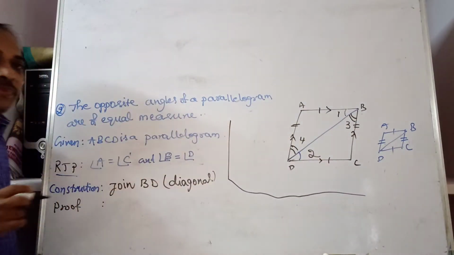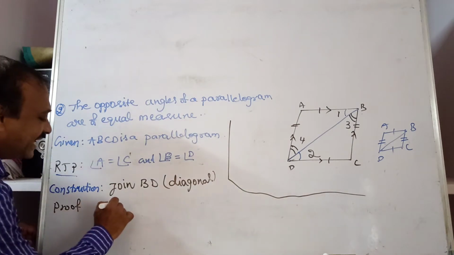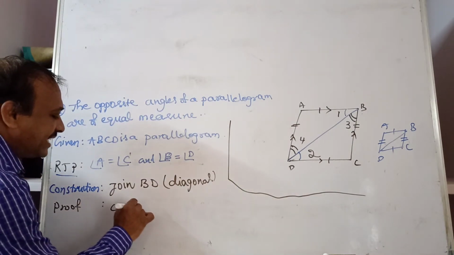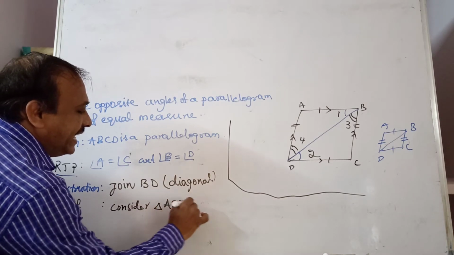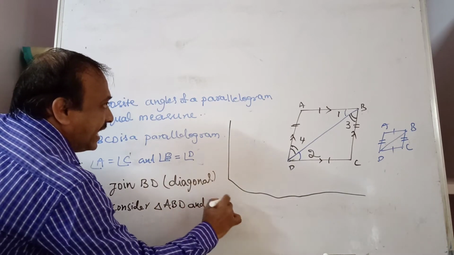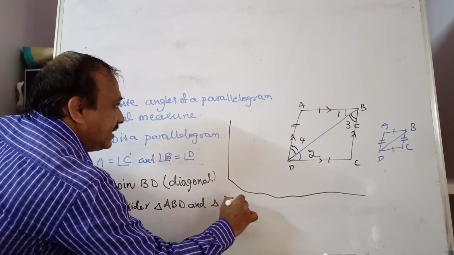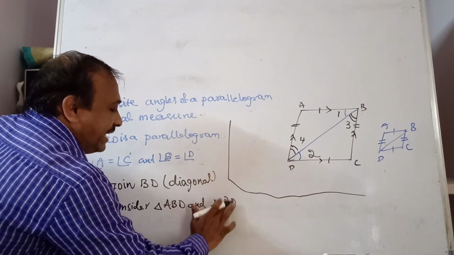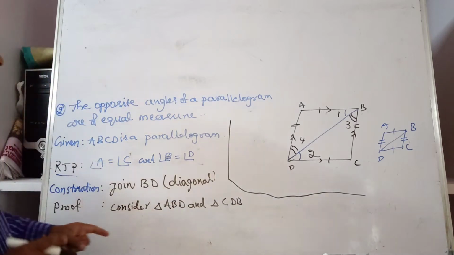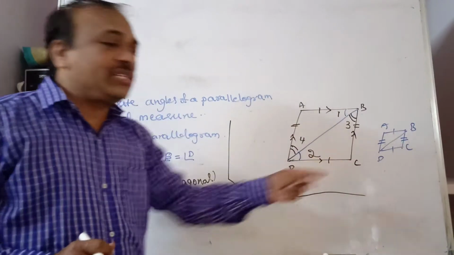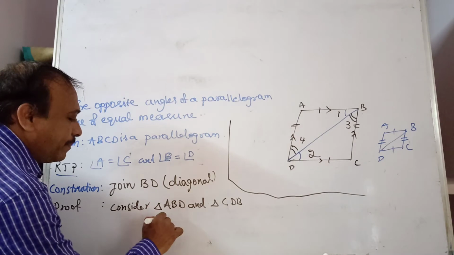This is given. Now consider again triangle ABD and triangle CDB. In that, observe it, AB is equal to DC, that is side.